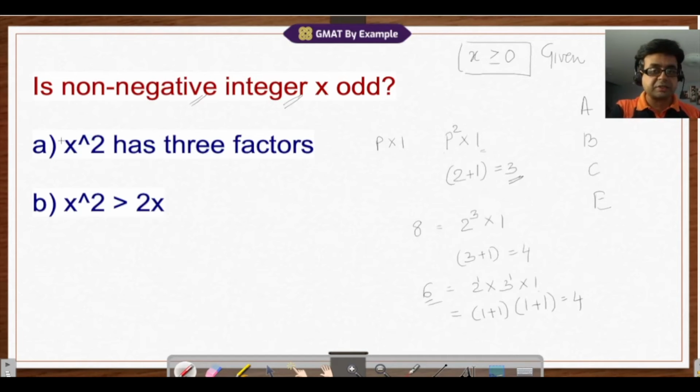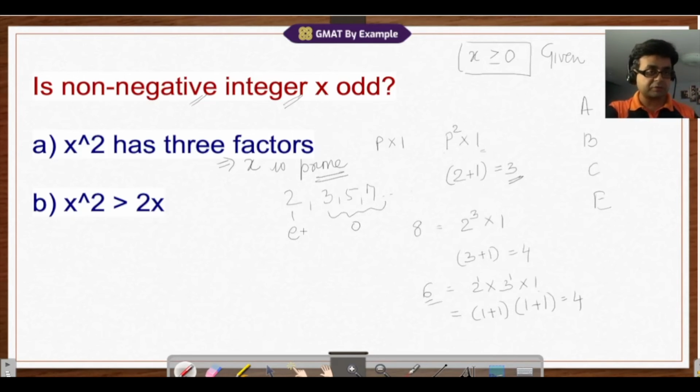So in essence, when x square has 3 factors, what is given to us very clearly is that x is prime. But the question doesn't ask us if x is prime or not. The question asks us if x is odd. What are the prime numbers? 2 is a prime number, which is even. And 3 and 5 and 7 and so on, these are all odd prime numbers.